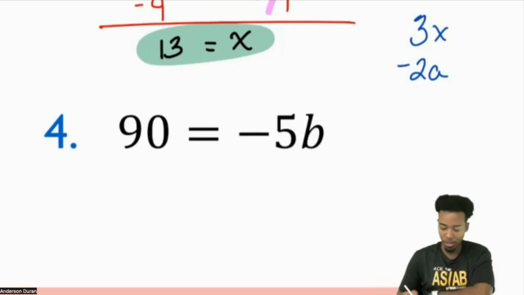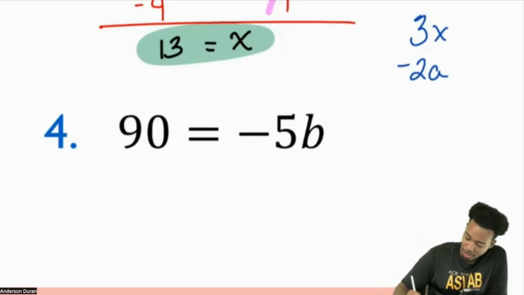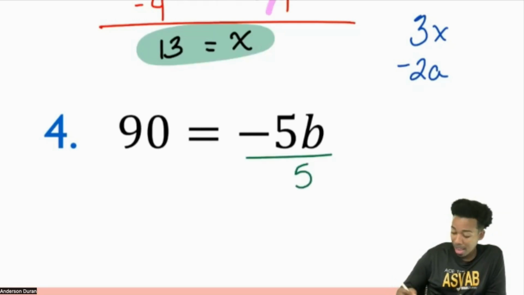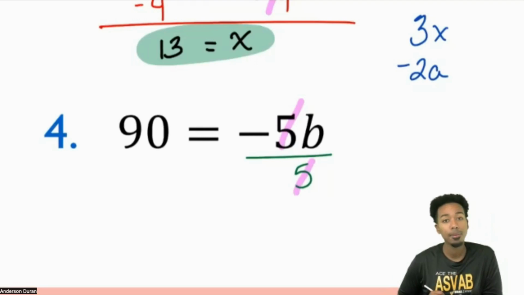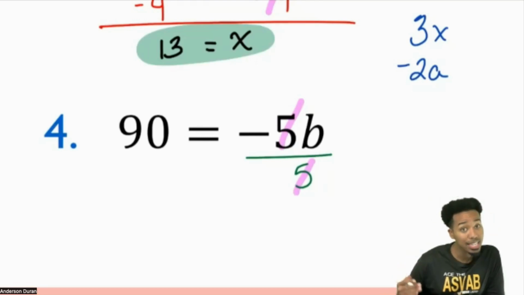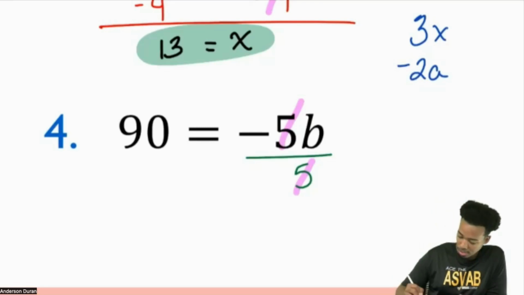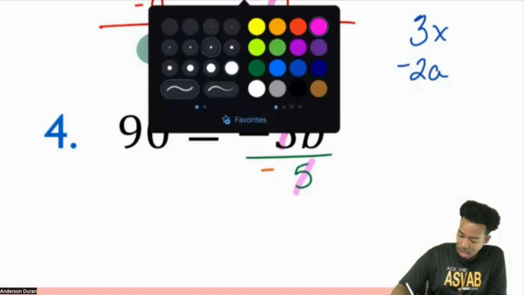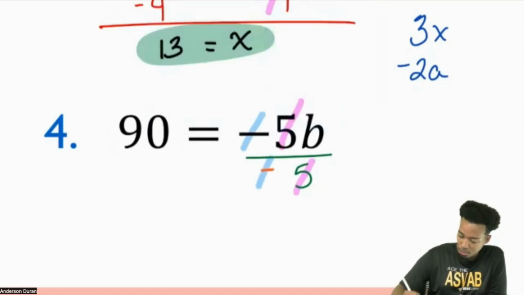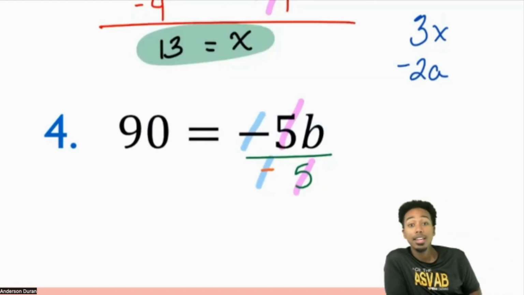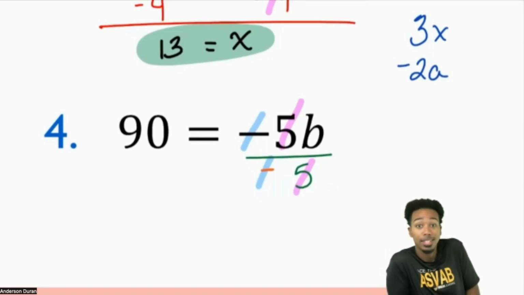Be very careful how you do that. Because here's the thing. If I divided by just 5 on both sides, I only get rid of the 5. If I divide by negative 5, then I'm getting rid of that negative right here. Because remember, everybody, a negative divided by a negative is a positive.